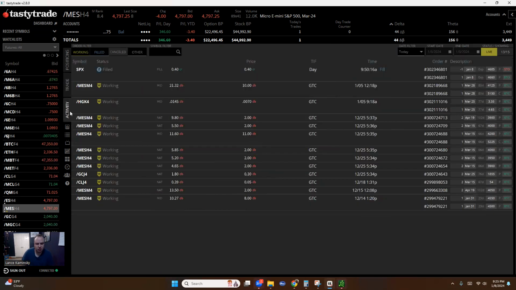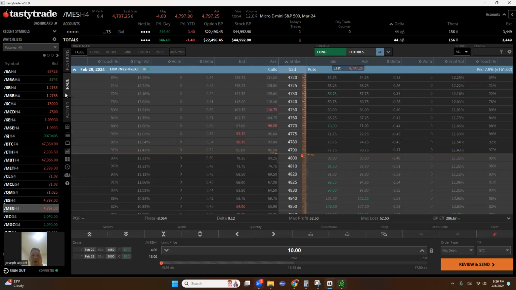That make sense? Good till cancel. Where do you go for that? It's at the bottom right here. See where it says, it normally starts as a day order, but then you want to change it to GTC. That's good till canceled. That means it keeps the order there until it gets filled.